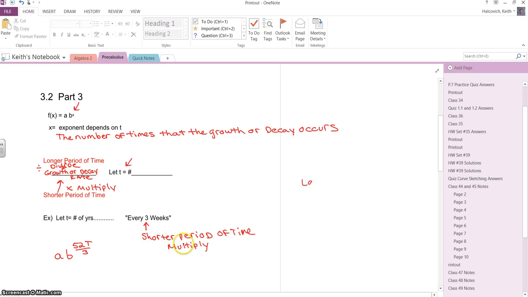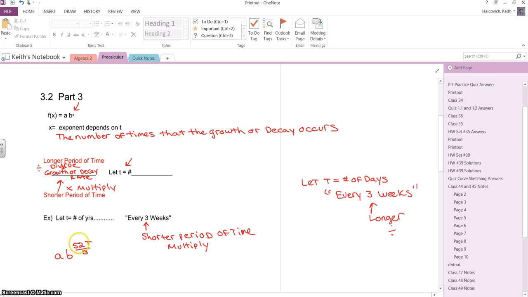If I said let t equal the number of days, and then it said every 3 weeks, now this is a longer period of time.